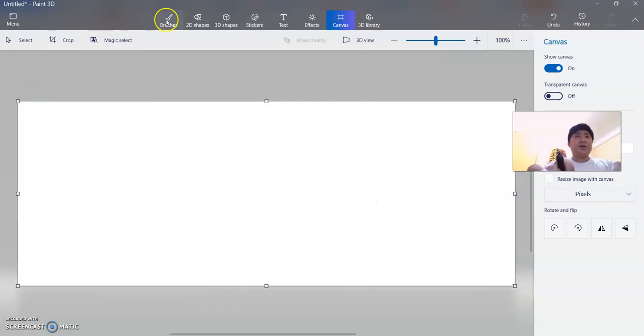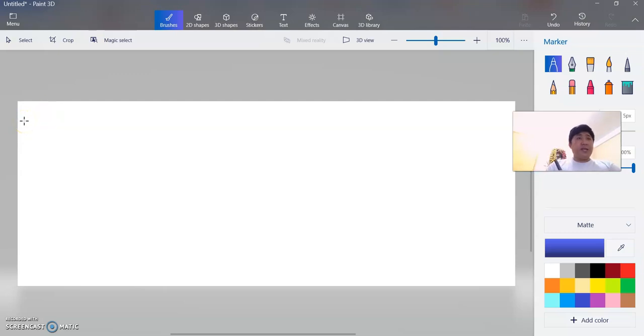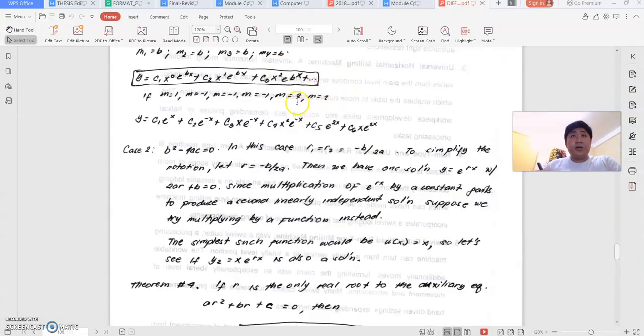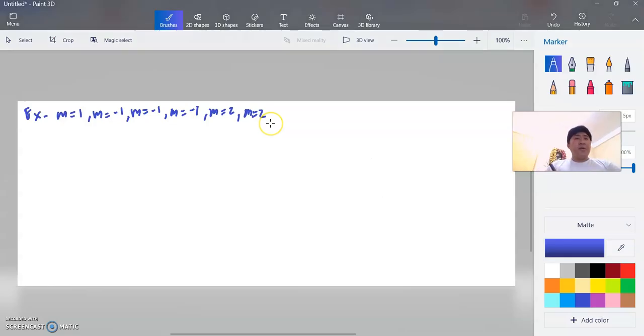Okay. So, our first example has roots 1, negative 1, negative 1, negative 1, 2, and 2. Okay?